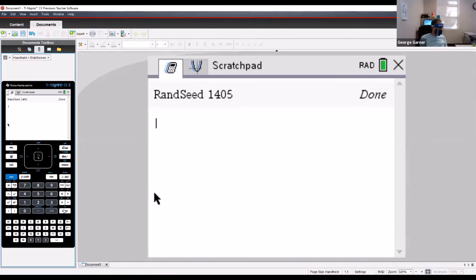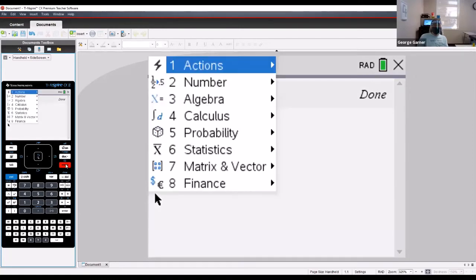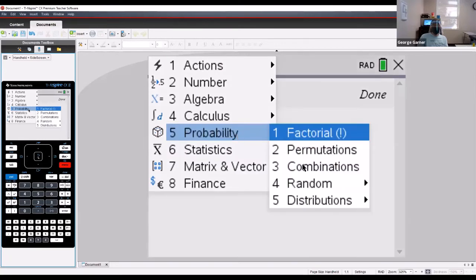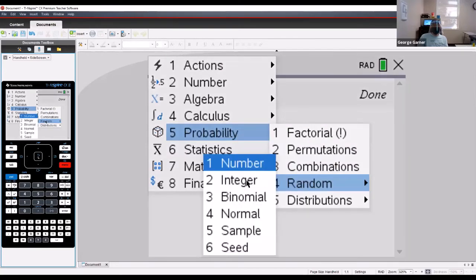It says, let's start by estimating the proportion of 20 traffic lights that are green, repeating the procedure 5 times. So we want to generate 20 numbers, all from 0 to 9 inclusive. Then we can figure out which ones are between 0 and 3, and they would be green lights. So go back to menu, probability, random, integer.